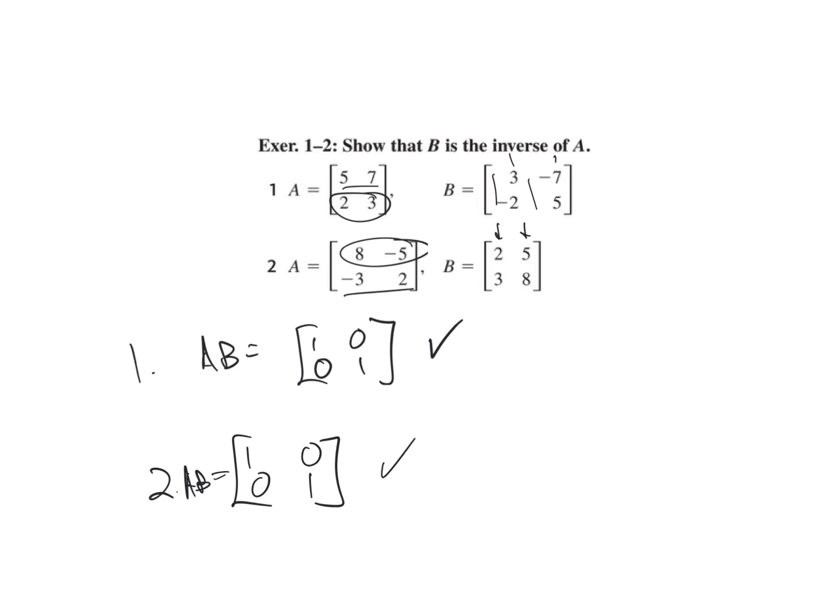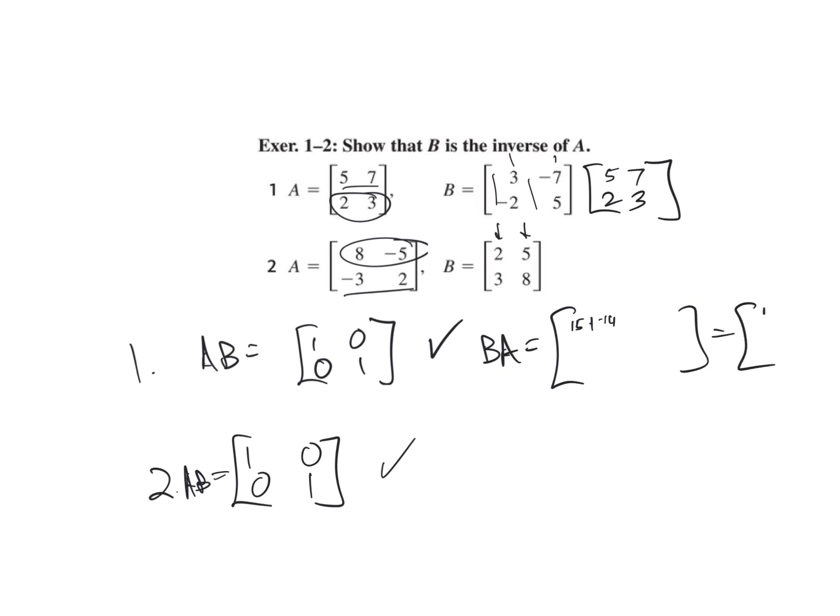Okay, and then the next thing, you can't just take A times B. You have to show B times A. So we're going to do B times A and go backwards here. So let's put A on this side, 5, 7, 2, and 3, and let's do this, all right? So 3 times 5 is 15, plus negative 7 times 2 is negative 14. So that gives us 1.